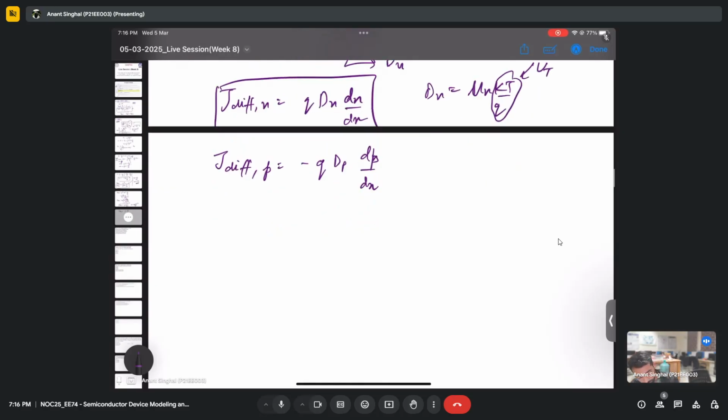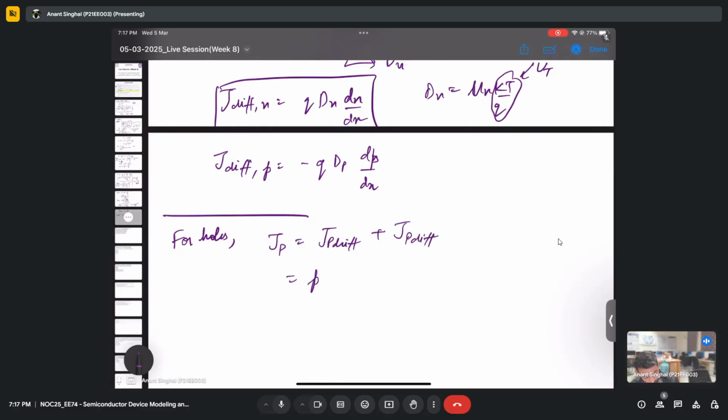So now for holes, first of all, the total current density had one drift component and a second diffusion component that we have just established.